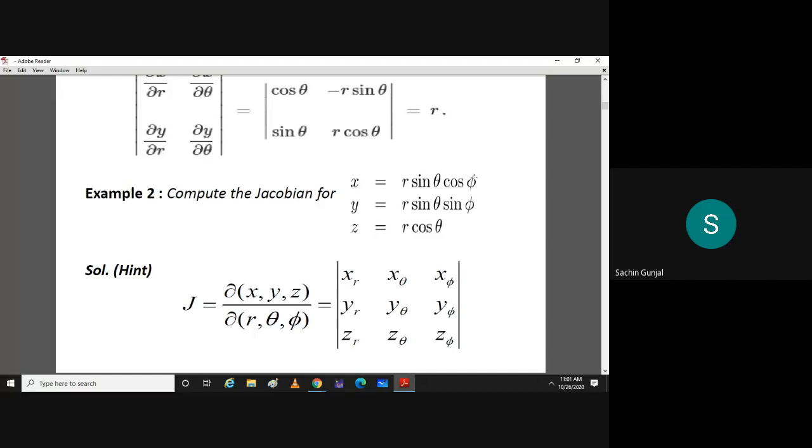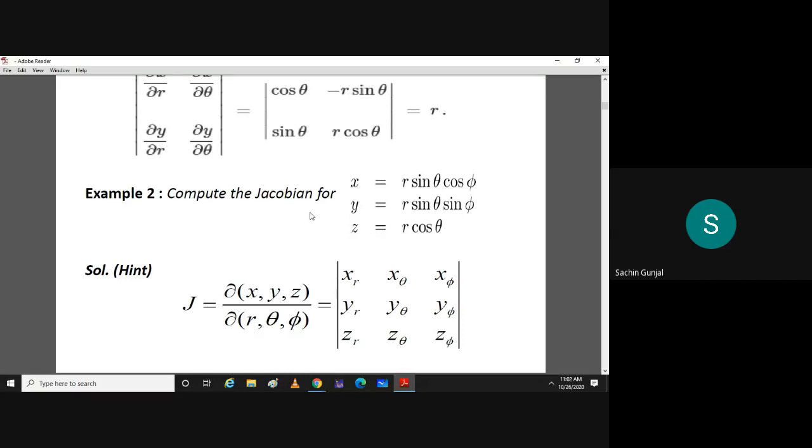So it has something to do with a sphere. x square plus y square plus z square equal to r square is the equation of a sphere in three-dimensional space, and in r theta phi coordinates it is represented by r sin theta cos phi, r sin theta sin phi, and r cos theta. Forget about the geometrical part.